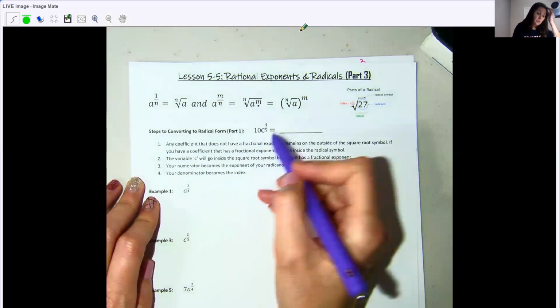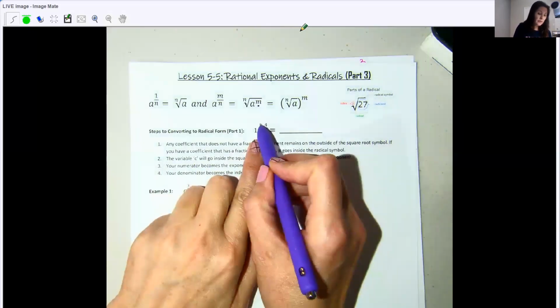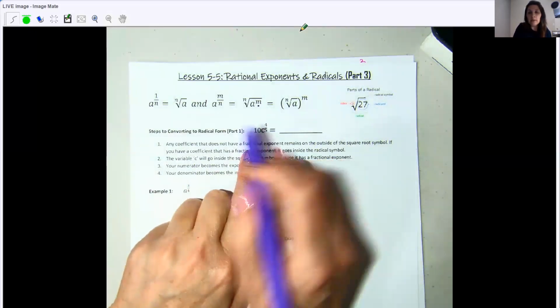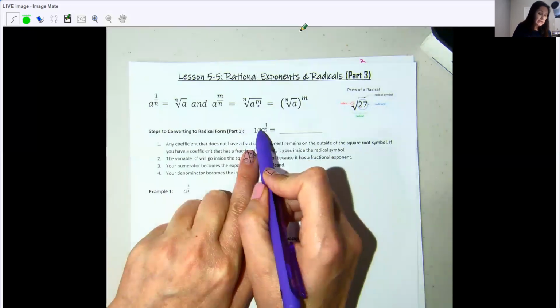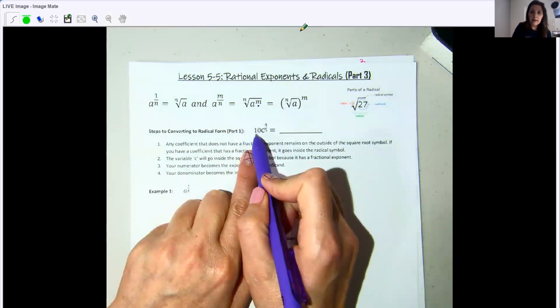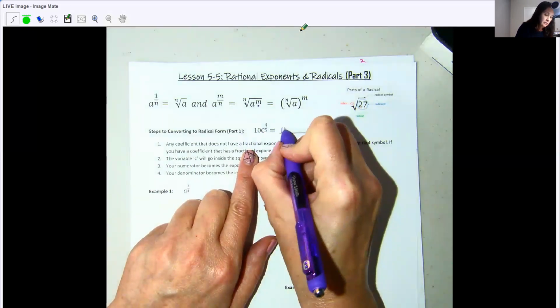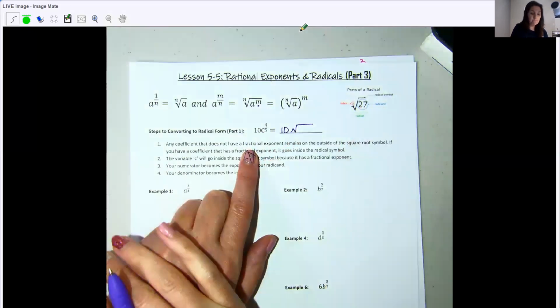If it was also applied to the 10, then there would be a 4/5 right behind the 10, or 10 and c would be in parentheses, okay? So we're going to leave the 10 on the outside of the square root symbol. So I'm going to write 10 right here, and then I'm going to write my square root symbol, okay?